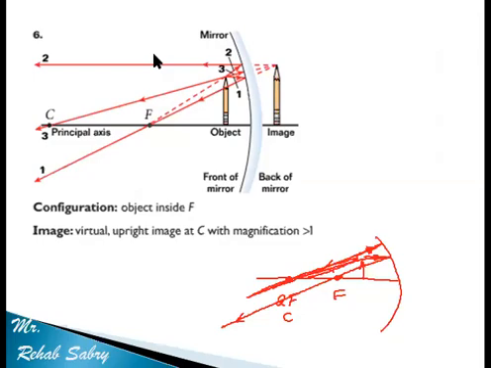The two rays are not meeting, not converging. So if you extend them, they will meet each other here behind the mirror.